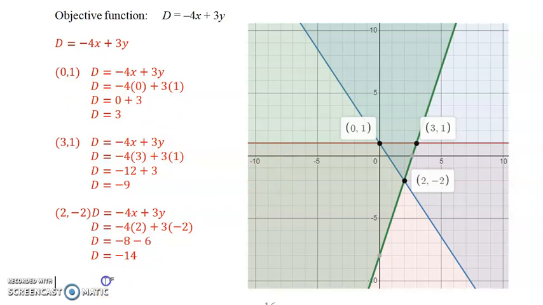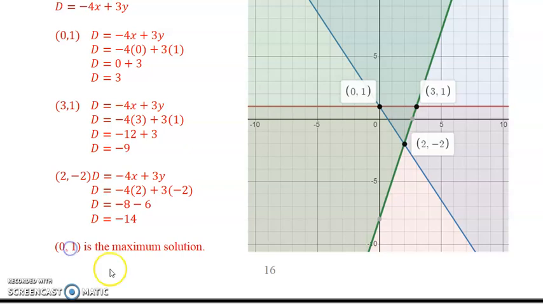So that means that (0, 1) is the maximum solution, right? If I asked for the minimum solution, that would have been (2, negative 2), okay?